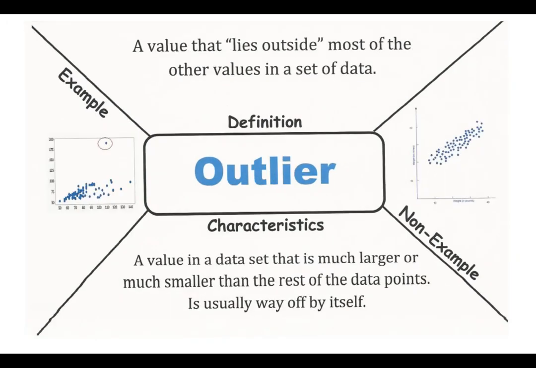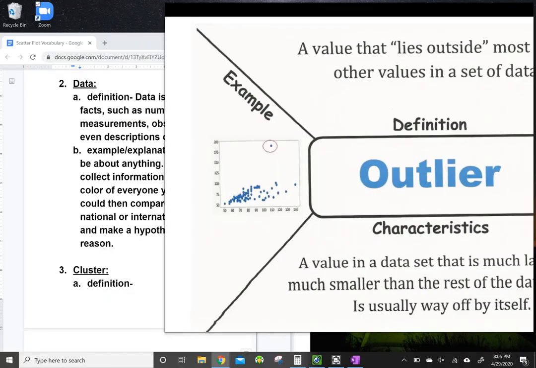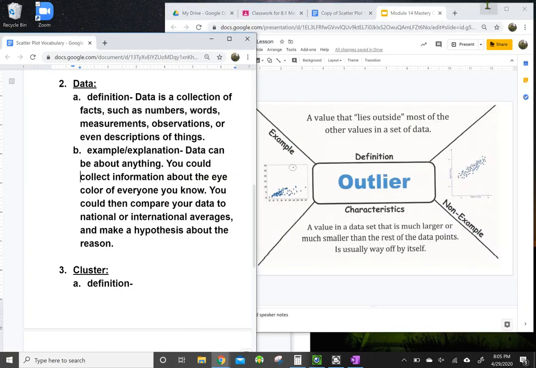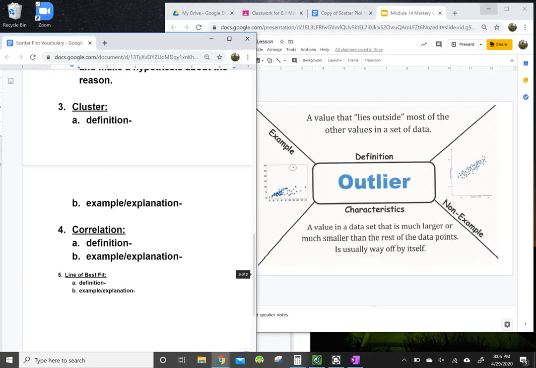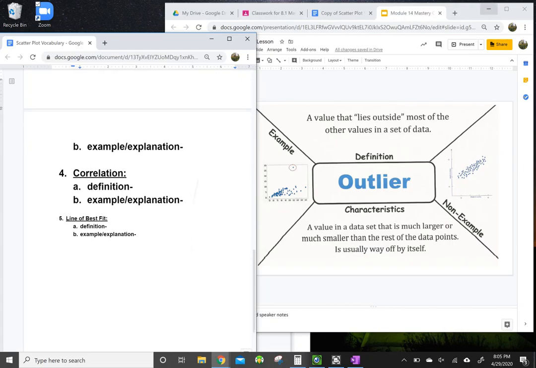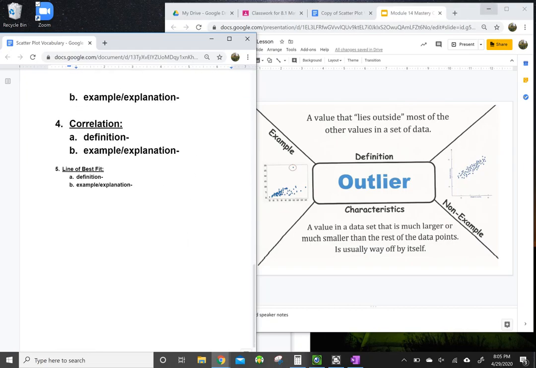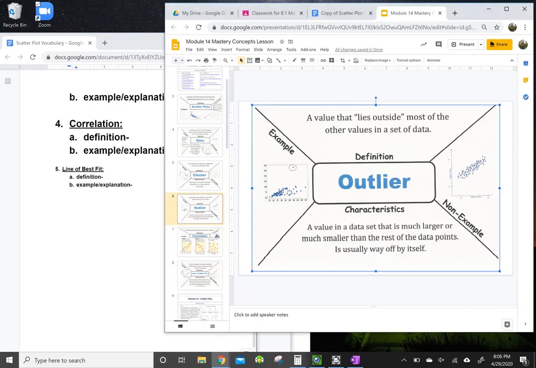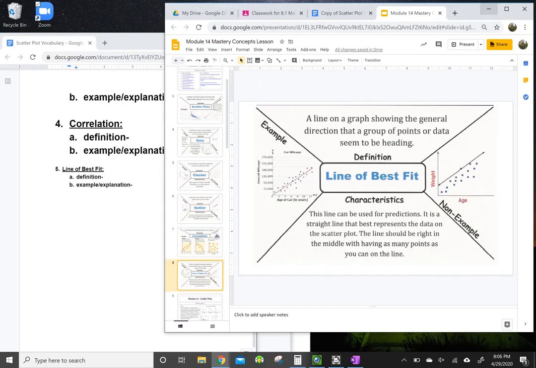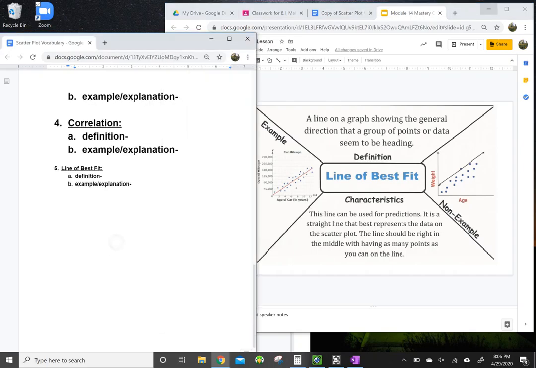And that's an example of what I'm asking you to do here today. I just want you to finish up with the definition and an example or an explanation of a cluster and correlation. And then the last one is going to be line of best fit. I want you to read through these slides. This shouldn't take you a terribly long time, maybe 25 or 30 minutes.